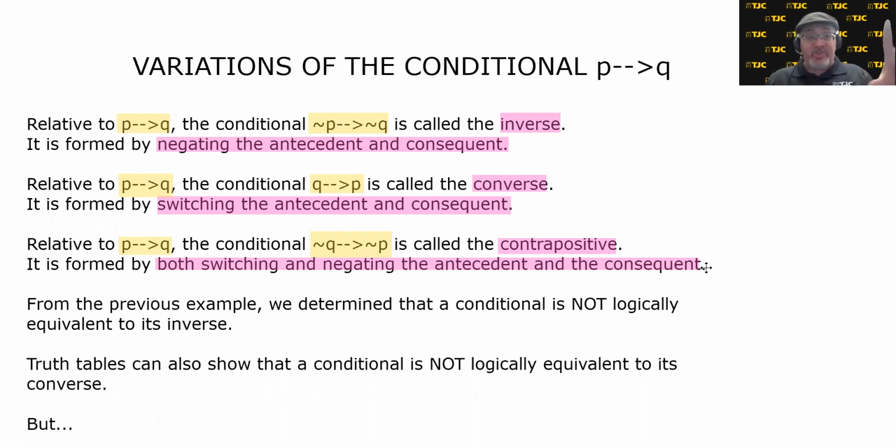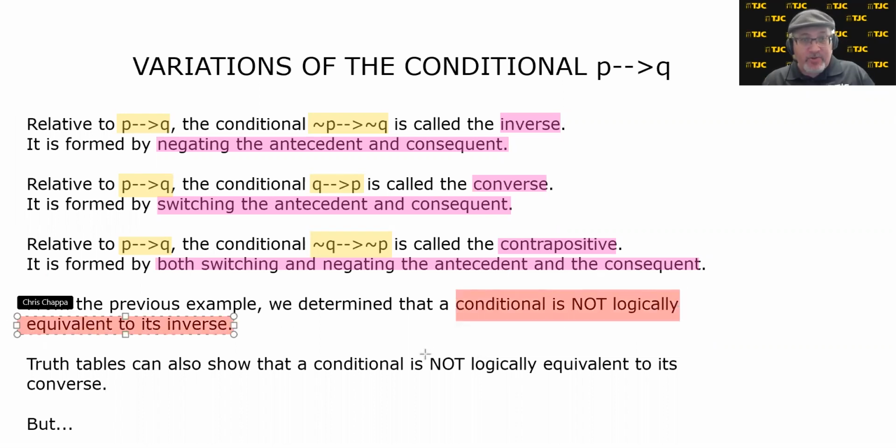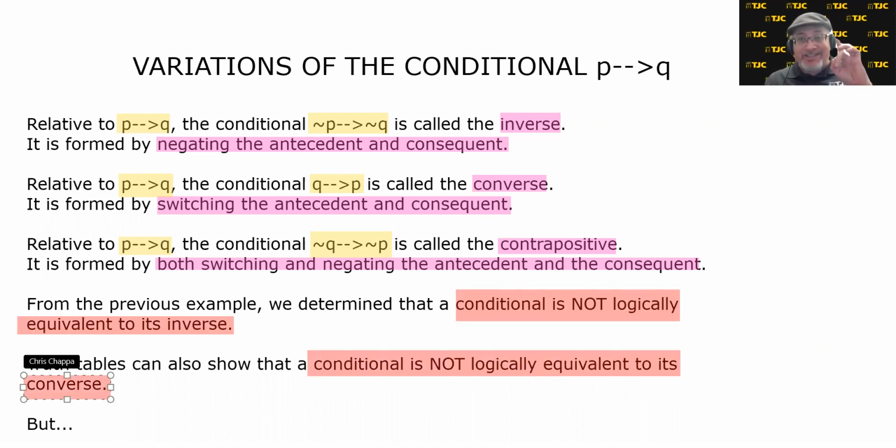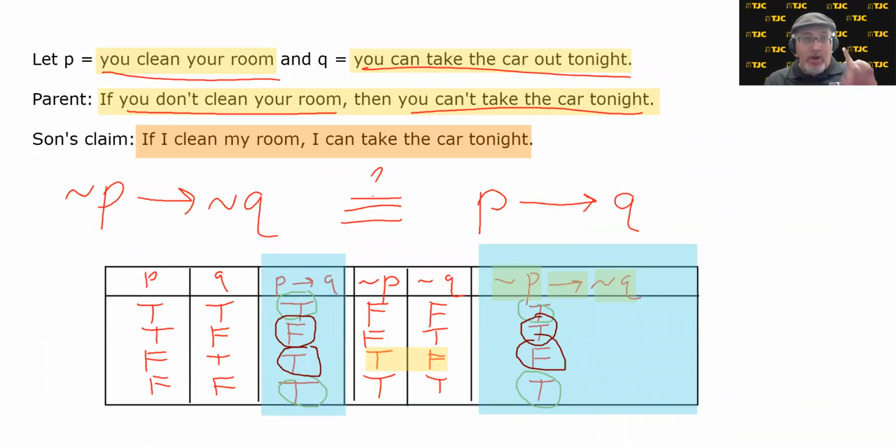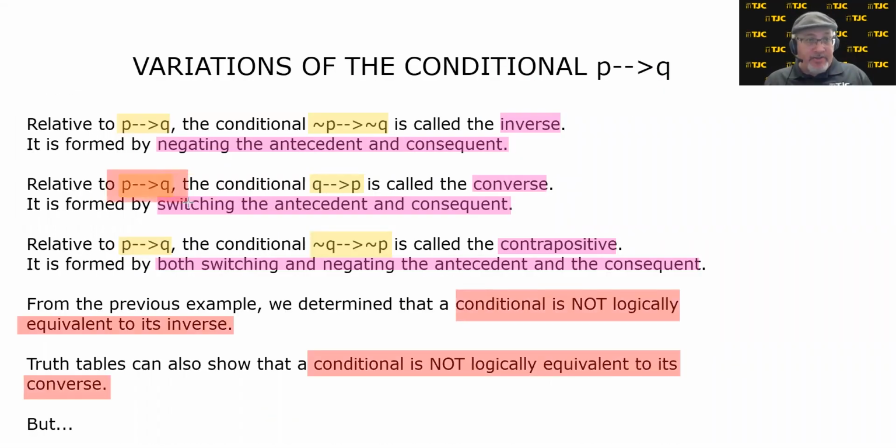All right, let this sink in before we go any further. Conditional is not logically equivalent to its inverse. Conditional is not logically equivalent to its converse. We didn't show that, but you could do the same thing we did here by doing a double truth table on this and this.